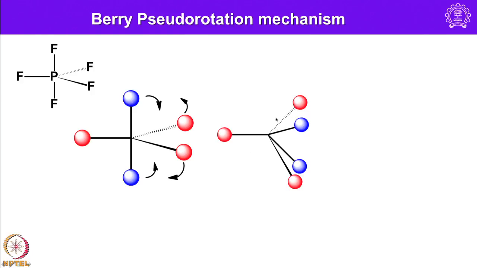It resembles a square pyramidal molecule, and then now the exchange is complete. Axial has become equatorial and equatorial has become axial. So, this is very rapid at room temperature in case of PF5. As a result, we cannot distinguish between equatorial and axial PF bonds.